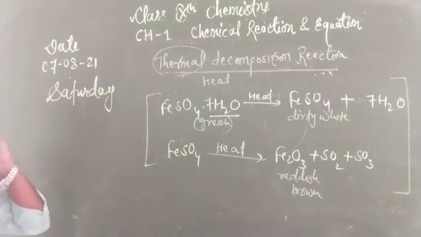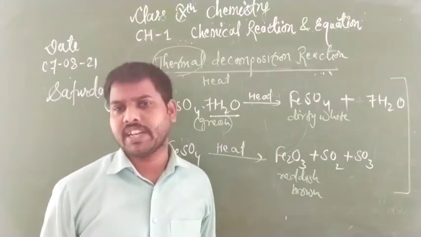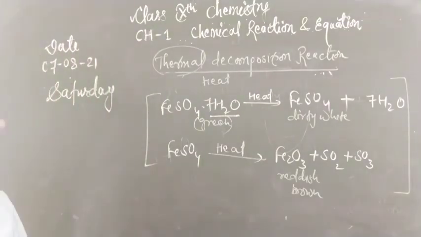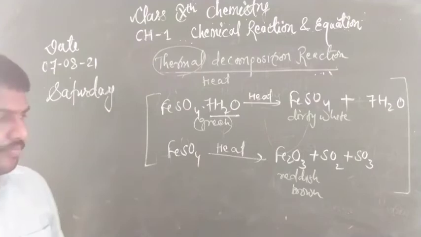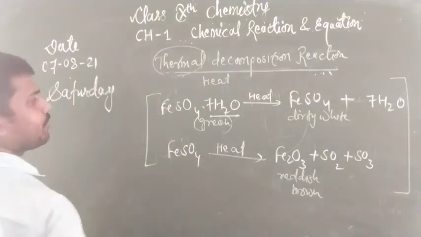Clear everyone? In the first step it will lose its water molecules, and in the second step it will evolve two gases. The one is sulfur dioxide gas and the second is sulfur trioxide gas. Let's take another example to understand this concept. Okay, children?